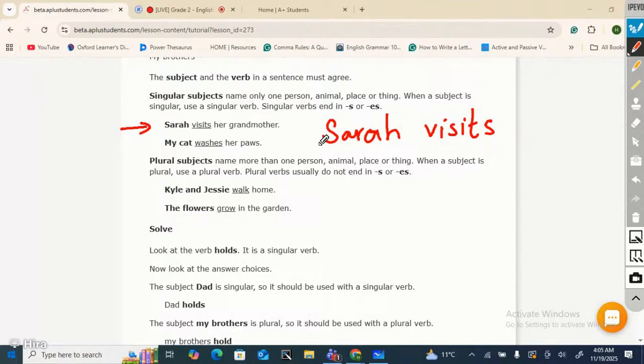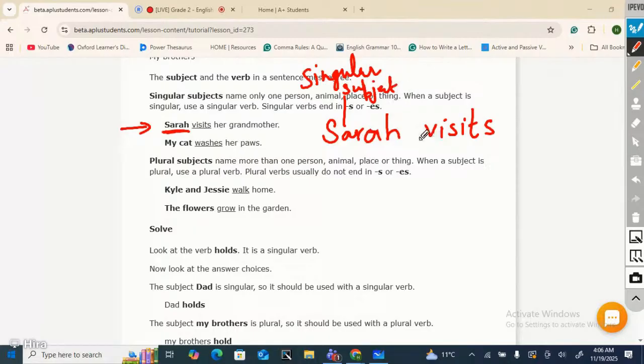I'm just writing the subject and the verb because we are focusing on these two things right now. The subject of the sentence is Sarah, and Sarah is the name of one person. Means this subject is singular.